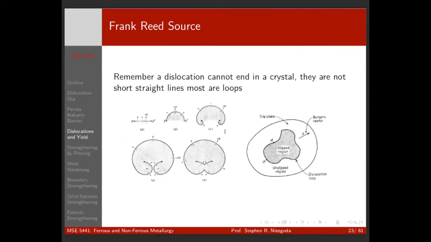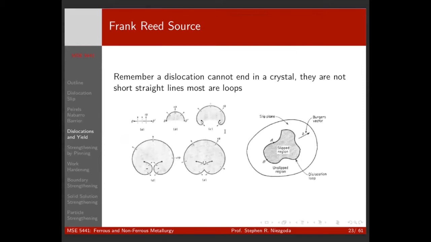So these dislocations are not straight lines. A dislocation is not a line segment. A dislocation can't begin or end in a line. The easiest way to think of a dislocation is still as a boundary between a region that has sheared and a region that hasn't sheared.